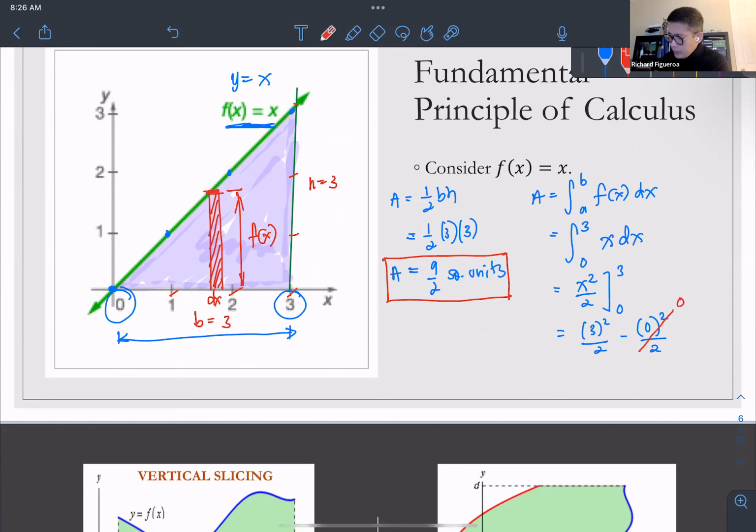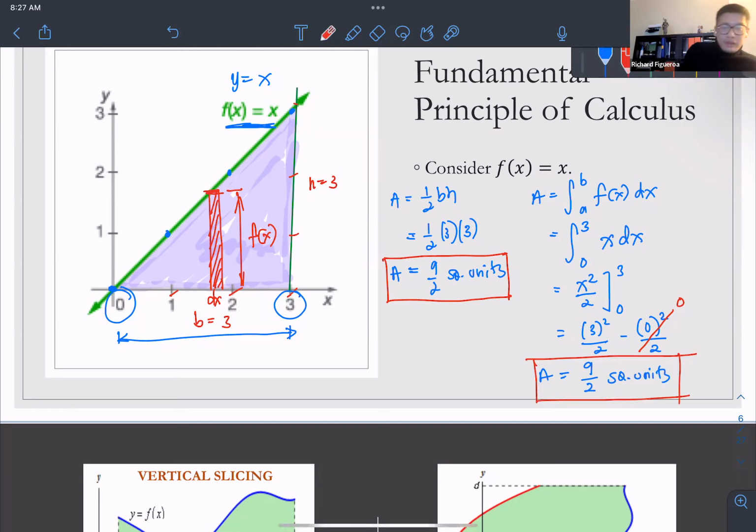So this one becomes 0, and thus 3 squared, that will be 9 all over 2 square units. As you can see here, we have the same answer. One uses the principle of integral calculus, the other one uses the derived formula used in plane geometry.